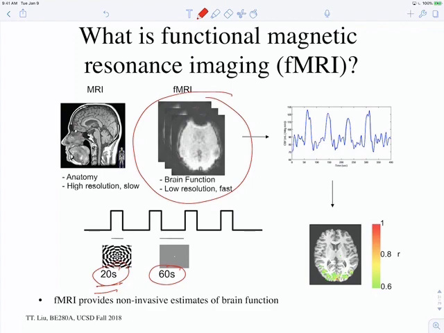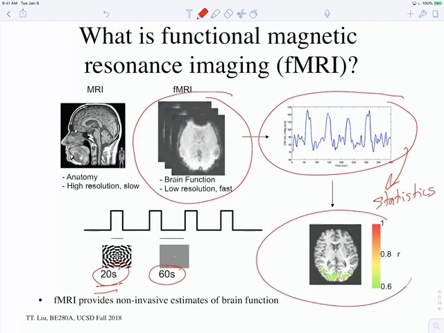You would get this response in certain parts of the brain that do that function. In this case it's a visual stimulus, so you're mostly going to get the response in the visual cortex. Then you apply a bunch of statistics, which I think one of the groups is going to talk to you about, and you come up with a map like this, showing where in the brain the time course looked like the stimulus.